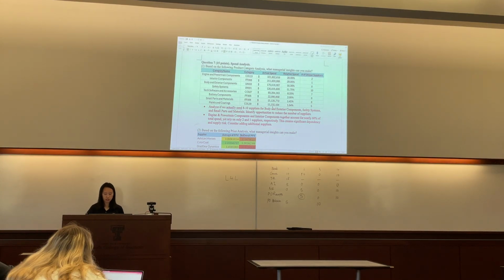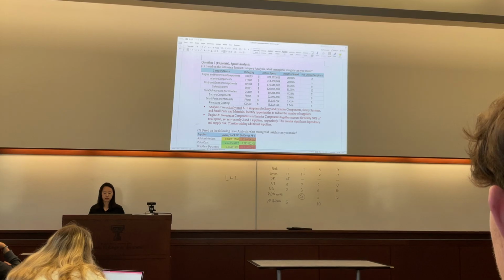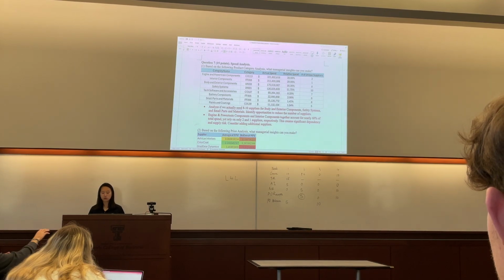From here we can see, for example, that the top 2 are very important categories. We spend a lot on them, almost 60% of the total spending. However, we only have 1 or 2 suppliers for them. So probably that is a potential problem. We may rely too much on those suppliers.